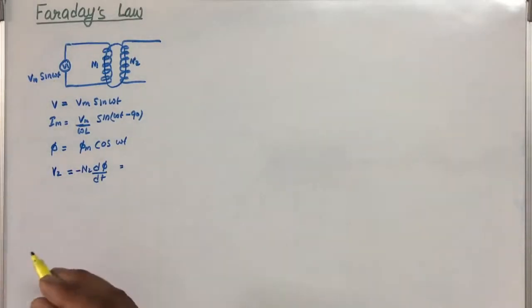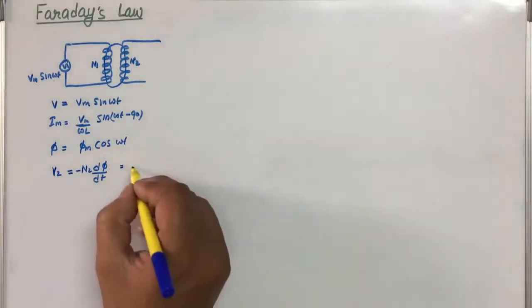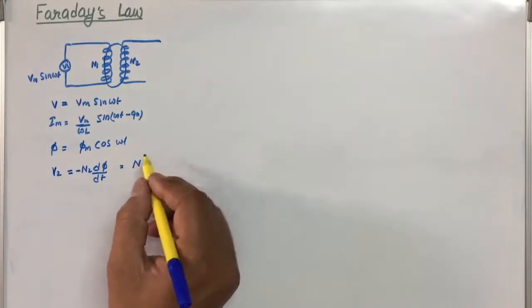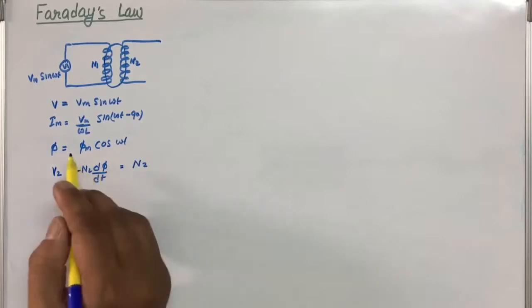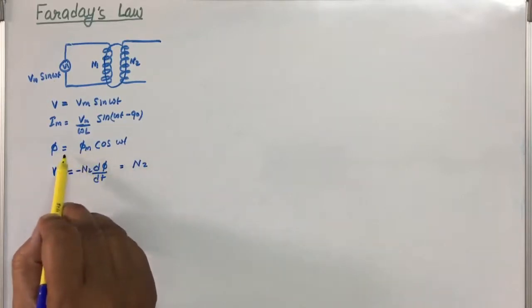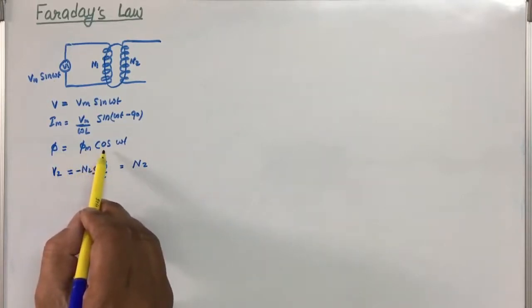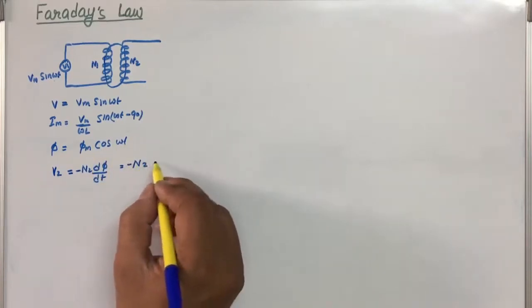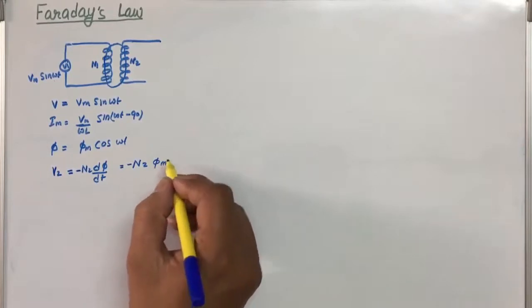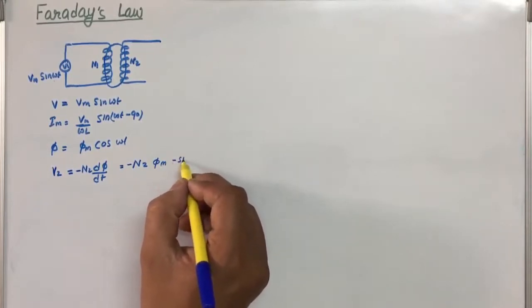According to Faraday's and Lenz's law, the negative sign should be there, and it can be written as minus. If we differentiate it, the constant comes out, and differentiation of cos will give a minus sign, so it should be phi m minus sine omega t.